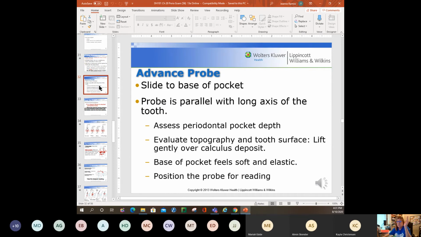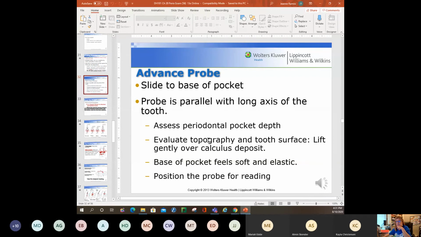We just don't do it. So if you get an 11-year-old that has mixed dentition, some baby teeth, the deciduous teeth, and some permanent teeth, you're only going to probe the permanent ones and you just skip the baby ones on the chart.